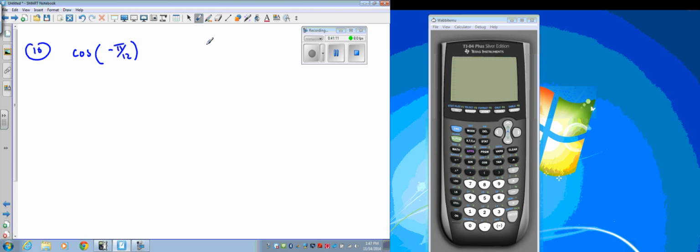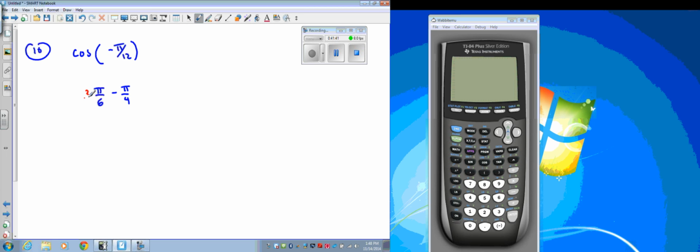Well, it's pi over 6 and pi over 4, I think. What you've got to use to get minus pi over 12 is pi over 6 minus pi over 4. And then you convert everything to 12, right?